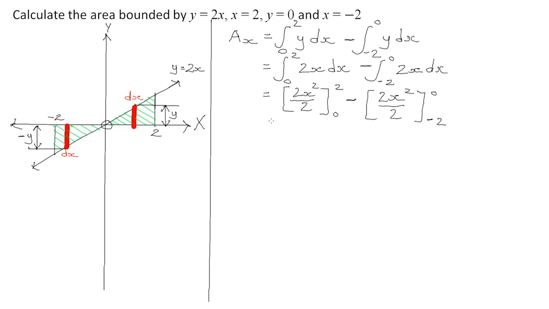Let's write this in a simpler form. What does that give you? Obviously that gives you x squared. 2 over 0 minus x squared. 0 and a negative 2.